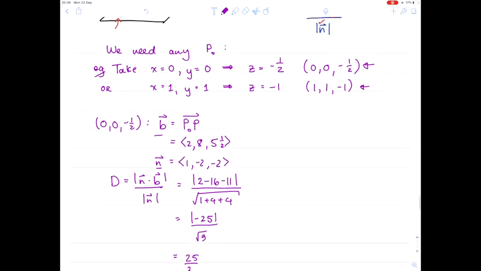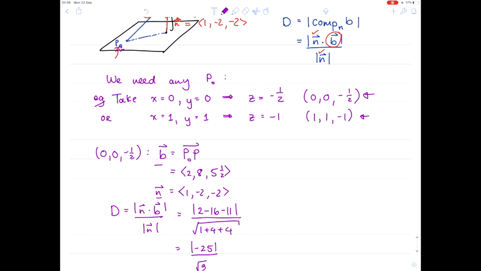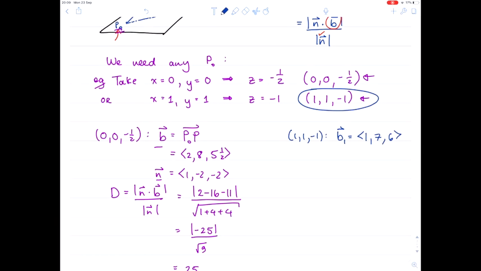So it might seem unlikely that if we used a completely different point p naught we'd get the same answer, which is why I thought it would be interesting to check if we use this point over here, do we get the same answer? So if we use that point, then for our b, which I'm going to call b1 just to make it clear that it's different, we get the vector 1, 7, 6.